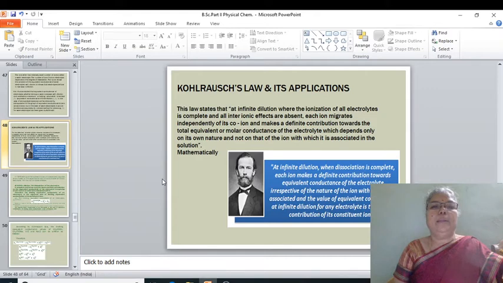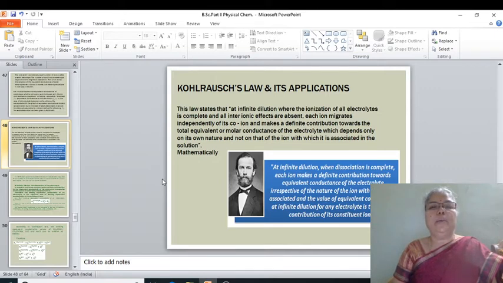Conductance mainly depends on temperature and the number of ions present in the solution. We have seen different examples: all the metals are good conductors of electricity, and electrolytic conductors are the fused salts, strong acids, strong bases, and their aqueous solutions.